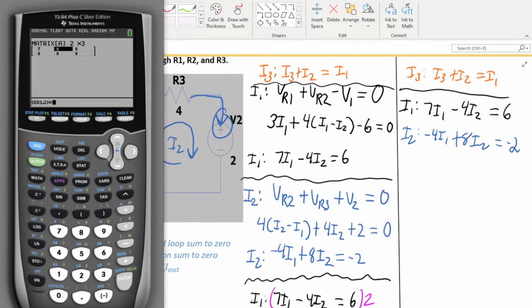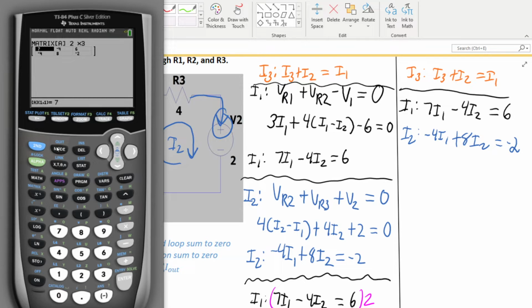I think you get the idea of how to input values. Okay, so I have all the values inputted into my matrix. Notice how this is the first row of values. So 7, -4, 6. So then you just follow the leader on that, right? You follow that same pattern for all the rest of your equations.